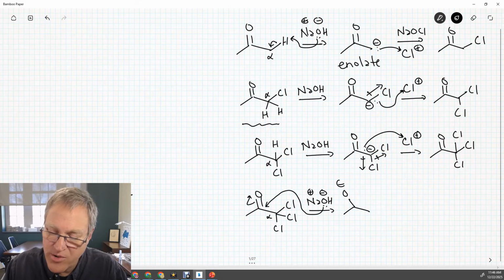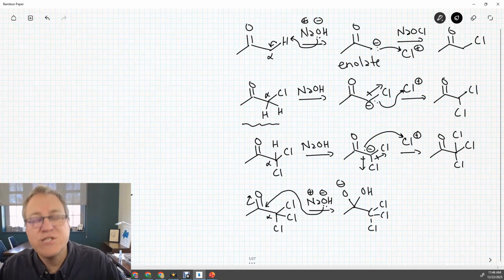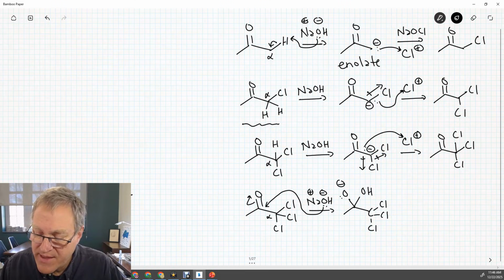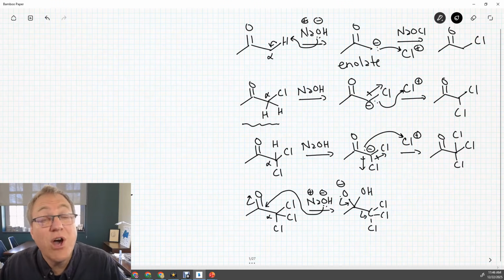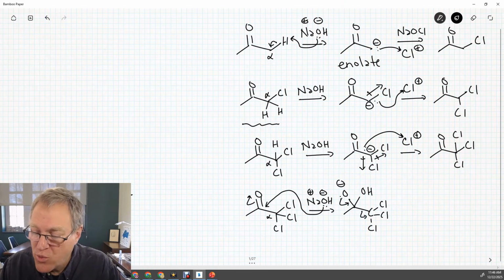Anytime we attack a carbonyl carbon, we get a tetrahedral intermediate. And tetrahedral intermediates can potentially collapse, kick out a leaving group, and in this case, because that carbon bears all those chlorines which help pull away electron density and stabilize charge, we can potentially kick that out as a leaving group.